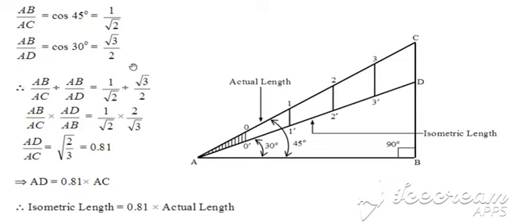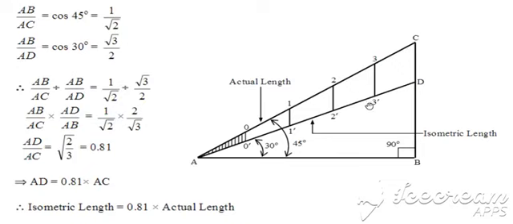On the other side, 1 by root 2 divided by root 3 by 2, you will get the value as 0.81. So from here you can say that AD is equal to 0.81 times AC, that is this AD is equal to 0.81 times this AC, the actual length.